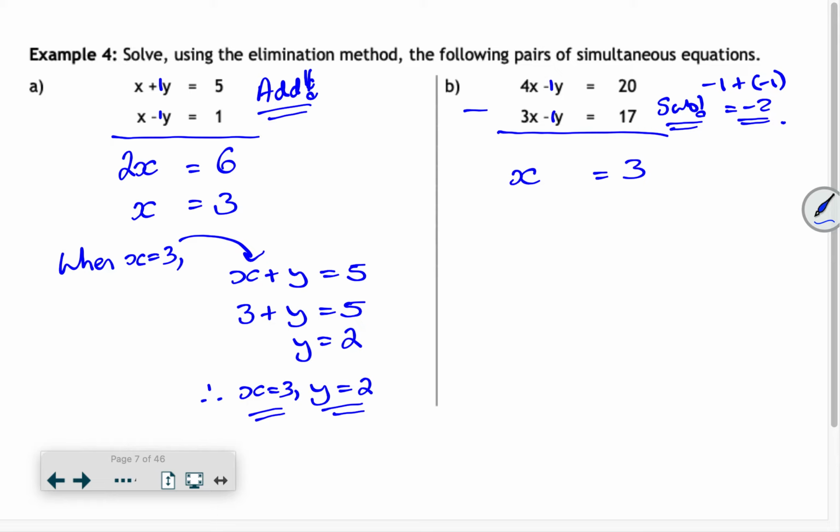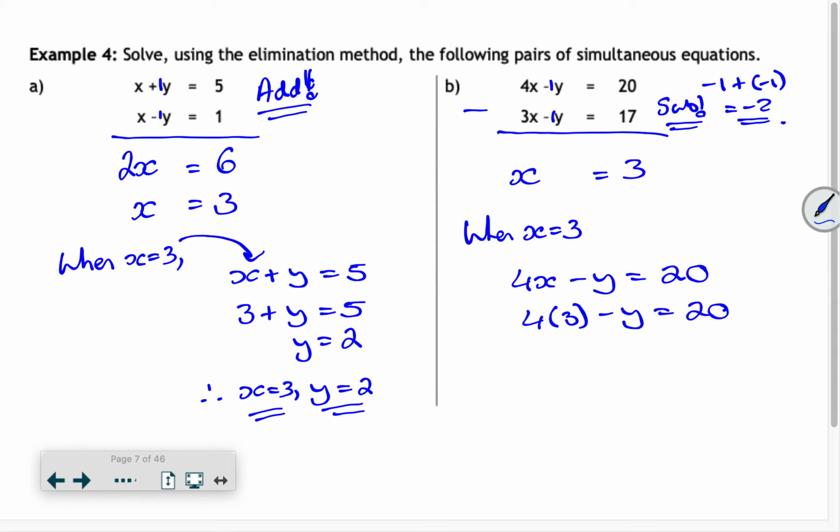So when x is 3, substitute into any equation. Again, doesn't matter which equation you use. Let's just use the top equation again. So when x is 3, we have 4x minus y is equal to 20. So it's going to be 4 times 3 minus y equals 20.